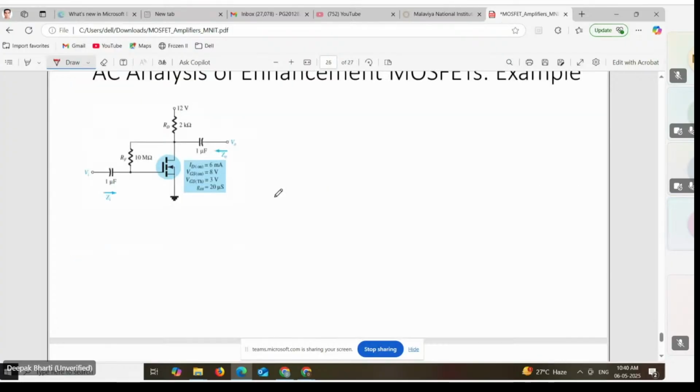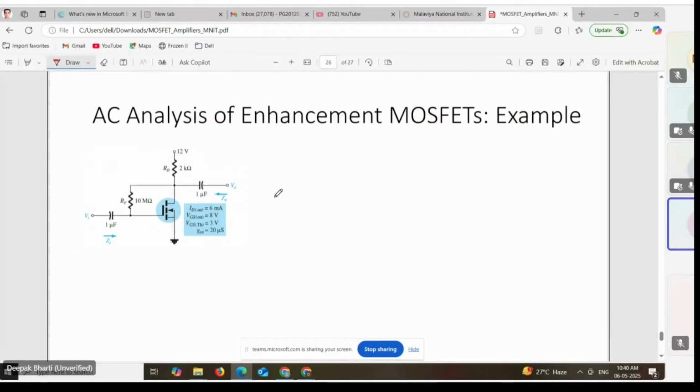We'll try to solve this particular example here. This will help you to get more clarification. If you notice, this is the same network for which we had determined the biasing point or the operating point yesterday. This is the feedback bias.